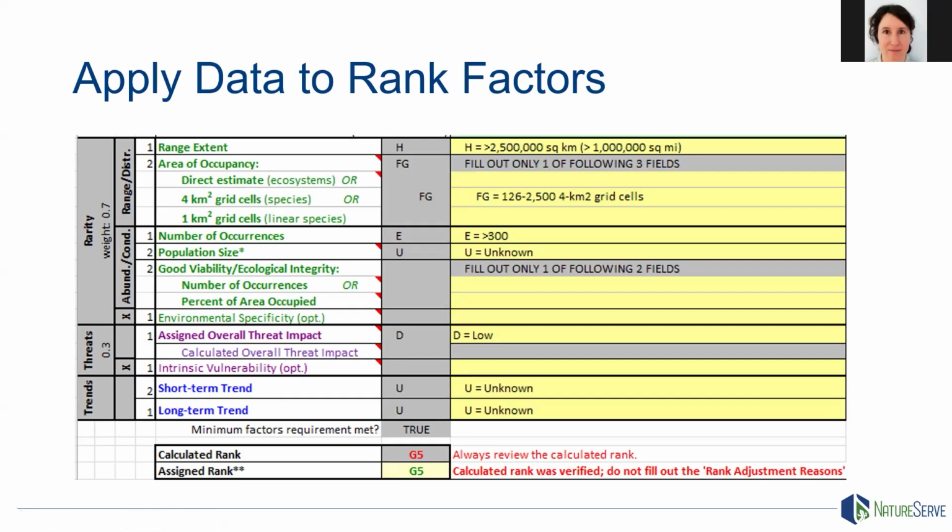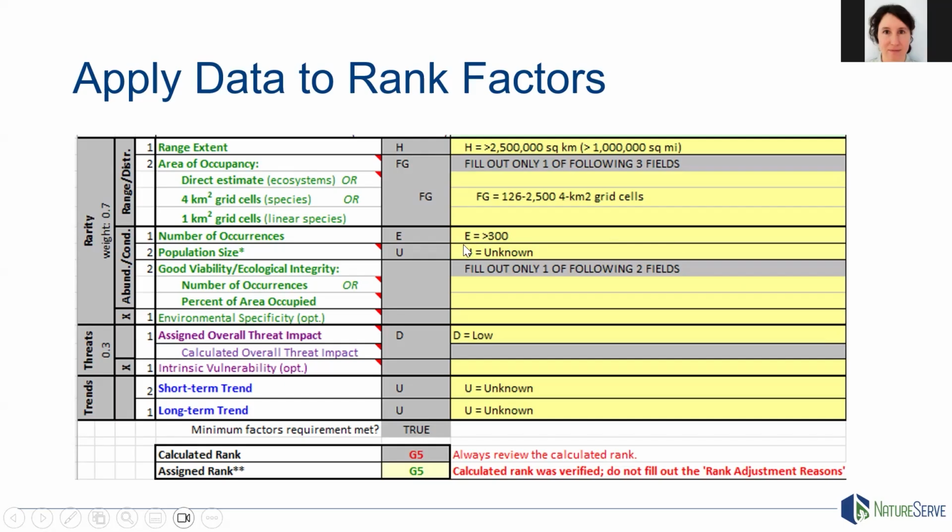As we apply data to rank factors, we fill out the factors in the rank calculator or Biotics. The rank calculator supports the assessment data requirements. For any given factor, there are ranges of options to summarize the data. So we're not entering an exact number.